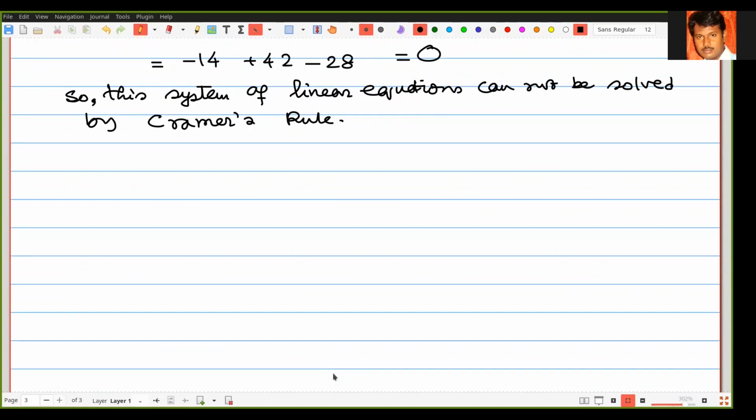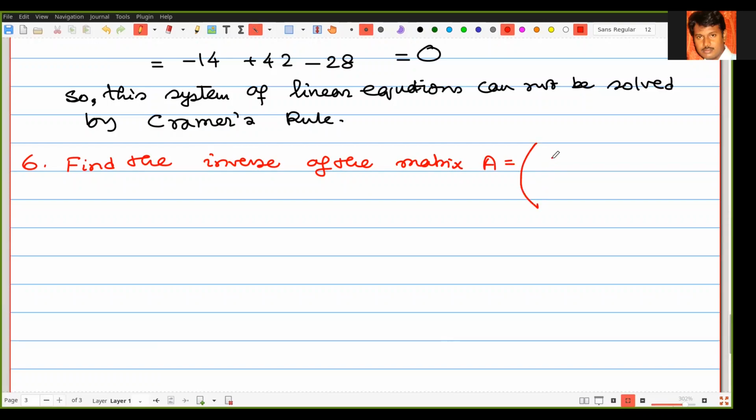Let's proceed with the next problem. And here the problem is find the inverse of the matrix. And that is a problem on matrices.